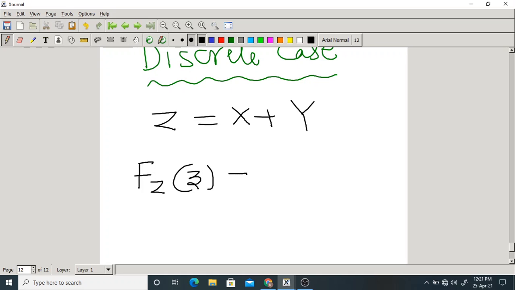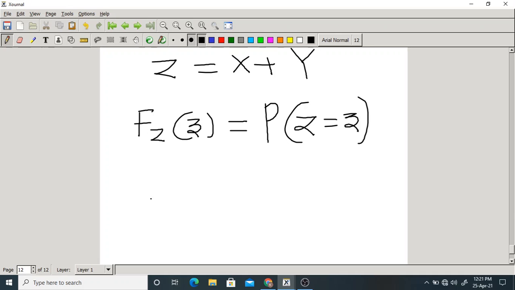What is the definition of CDF in the case of discrete random variables? Probability that Z is less than or equal to small z. But what is Z equal to? Probability that X plus Y is less than or equal to z.